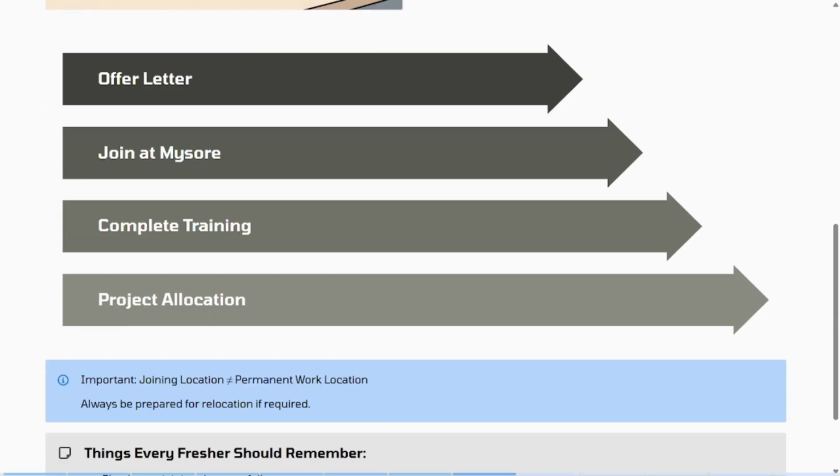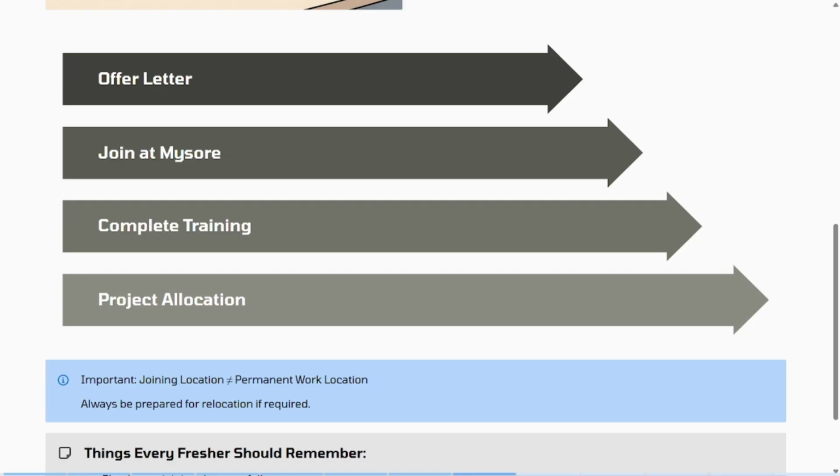Infosys may transfer employees to another unit, another department, an affiliate office, or even a customer location depending on the business requirements. So, what does business requirements mean? It's simple. It means the company decides where employees are needed based on the projects and the client work.